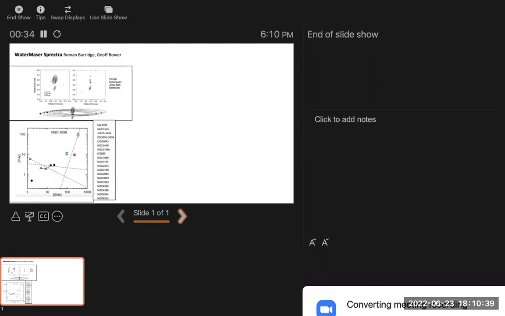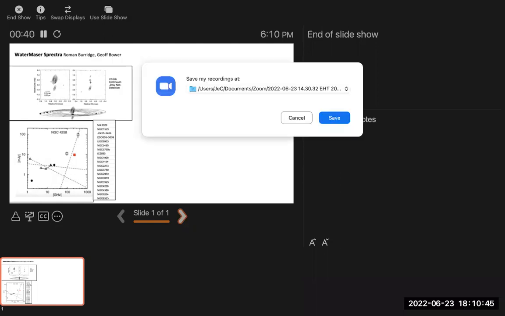Previous measurements have implied that this source would not be able to be imaged by VLBI. However, this red dot right here is a recent image of this source, and it implies that it in fact can be imaged by VLBI.